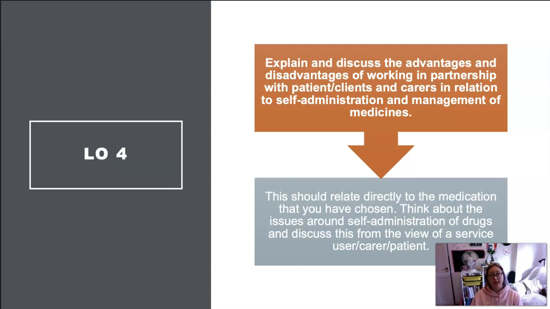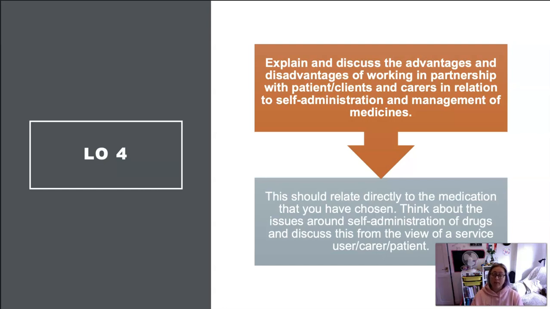Now hopefully you've picked a medication which can be managed in a self-administration role. So is that patient able to administer this medication themselves? It might be that they can't administer this medication themselves. It might be that you've chosen a medication which is specifically administered by a practitioner within the area that you work.